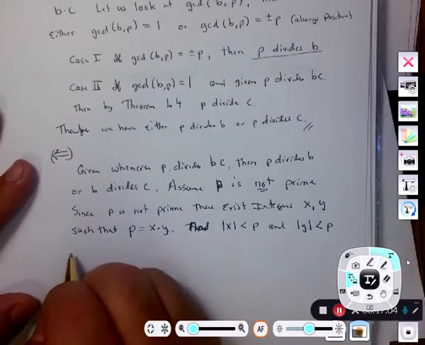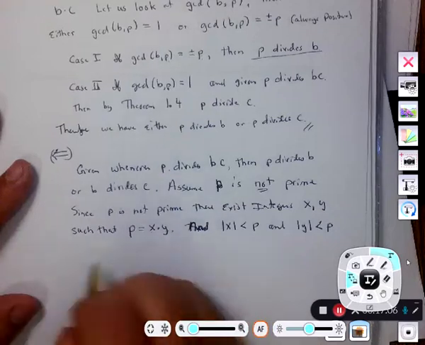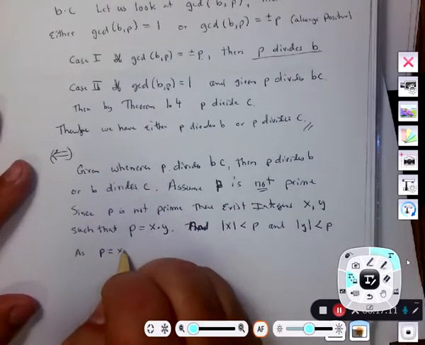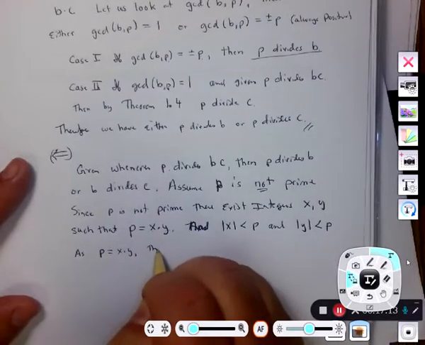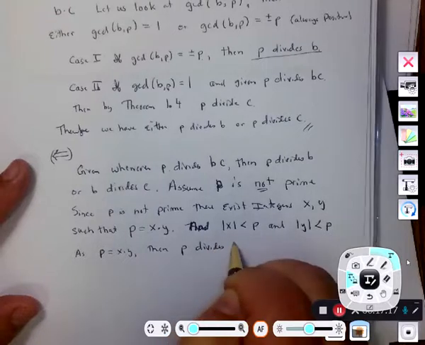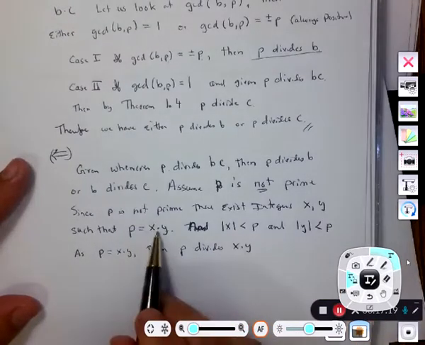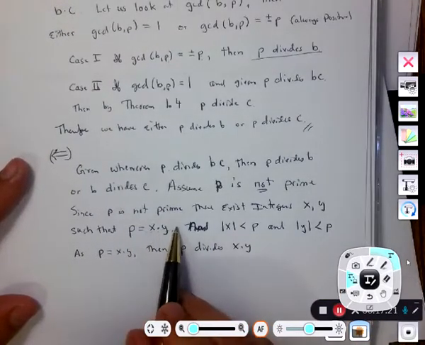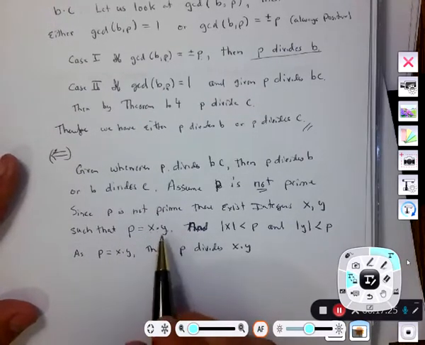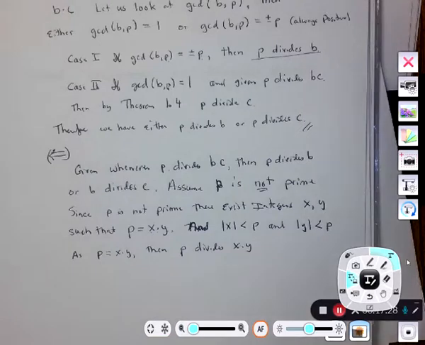We're given, since P divides a product, well, as P equals x times y, then P divides x times y. You're equal to yourself, x times y times 1, so basically if you're equal to yourself, you can divide by yourself, and the ratio is going to be 1. So P divides x times y.